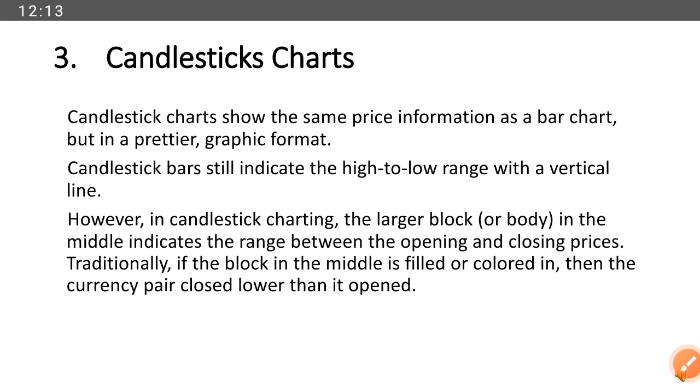Now, candlestick charts show the same price information as a bar chart, but in a prettier graphic format. Candlestick bars still indicate the high to low range with a vertical line.